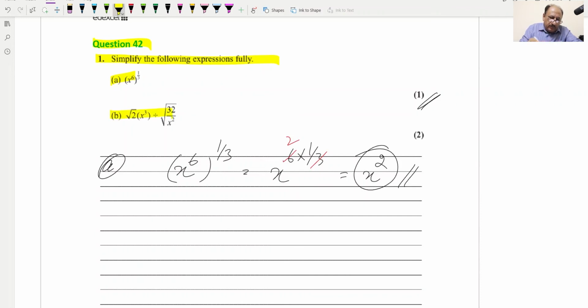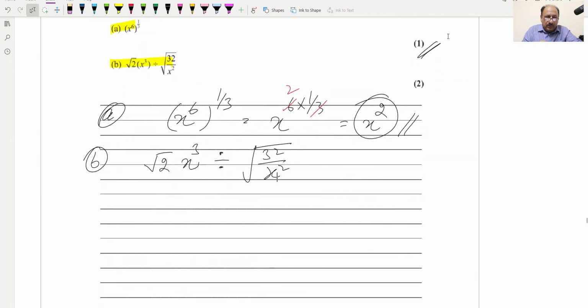Now the b part, we have to simplify this. So under root 2 x raised to the power 3 divided by under root 32 over x squared. Now we can rewrite it as under root 2x raised to the power 3, and we can write it as multiplication, and this will be the reciprocal of this one.